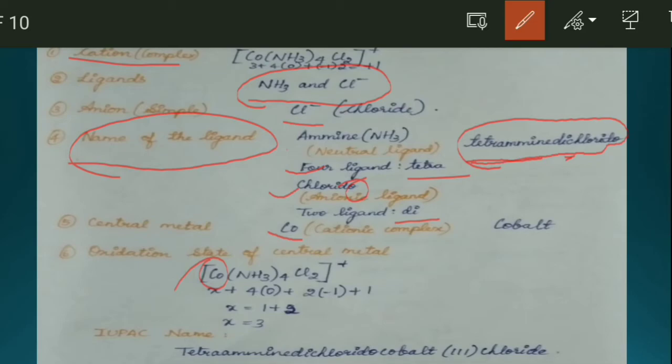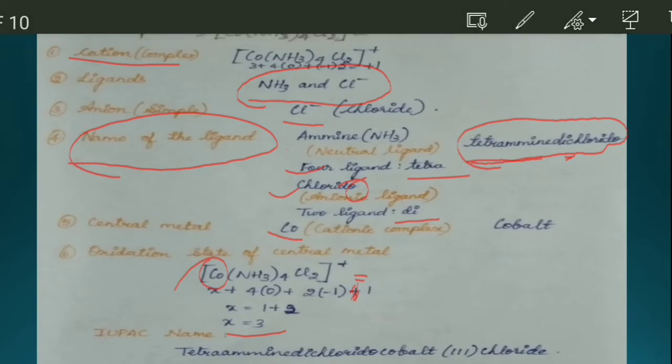And the overall charge is, see, it is plus, equal to 1. So, X plus 0 minus 2 is equal to 1. So, this minus 2 when it comes to this side, it becomes plus 2. So, 1 plus 2 is equal to 3. So, the oxidation state of the central metal is +3.